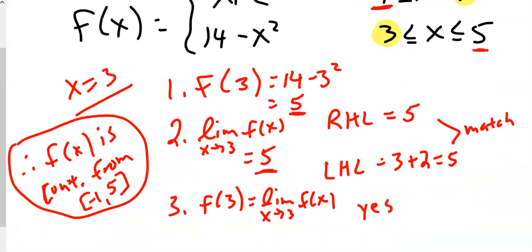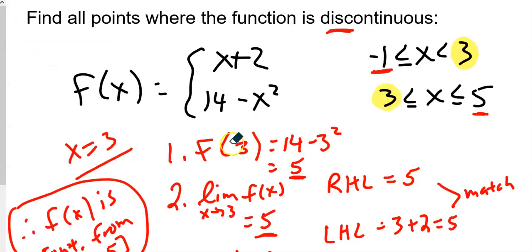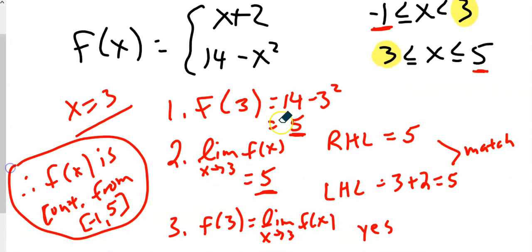And then let's move on to our last example here. This one's a little bit different, okay? Find a value for a so that it is continuous. In order for them to be continuous, it's just like our previous problem. The function value and the limit should be the same.